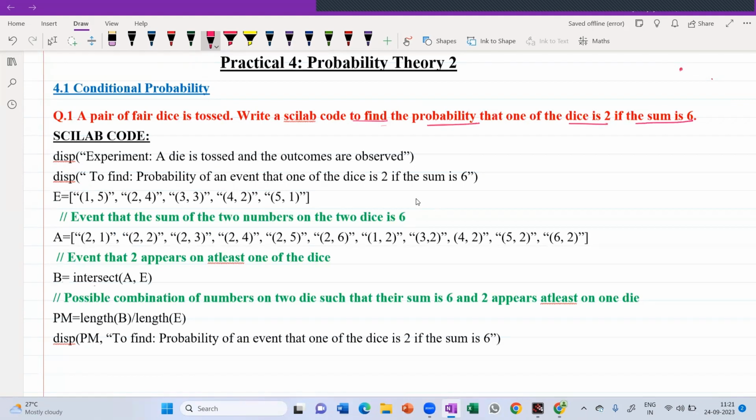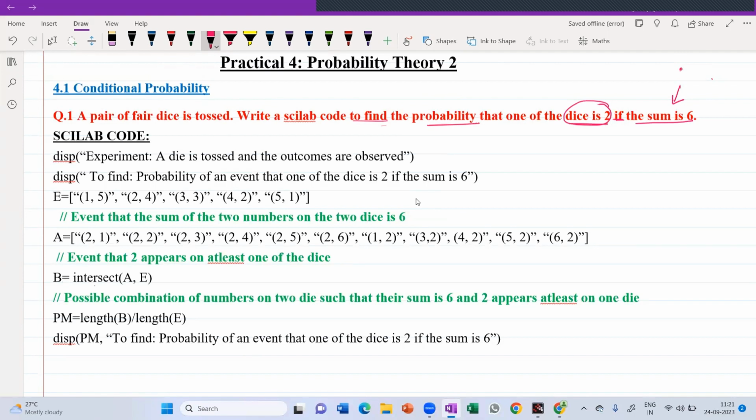Why is that so? Because we are asked to find the probability of the event that one of the dice is 2, given that, whatever statement comes after the word if is given to us, the sum is 6. So the sum should be 6 and one of the dice should be 2. What is the probability of that?